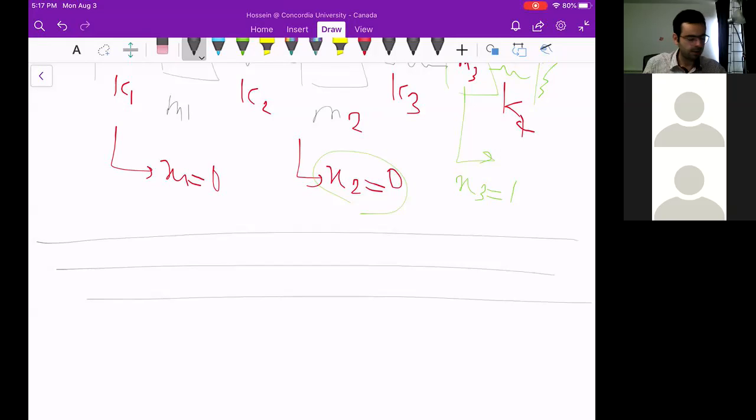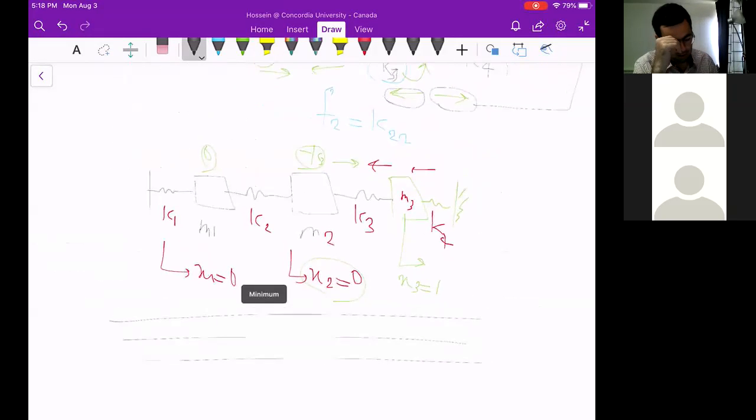Sir, just a quick question. In the previous exercise, we were applying forces and seeing the displacement. So the springs were acting as if they were in series, right? Exactly. And in this case, they act like they were in parallel? Neither parallel nor series. There is just a technique here.